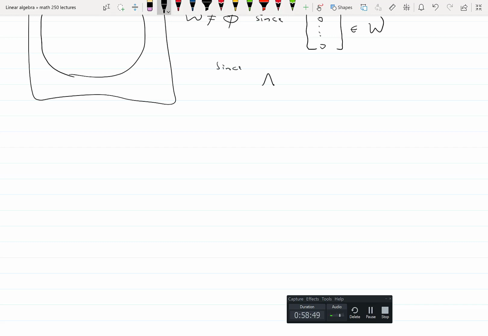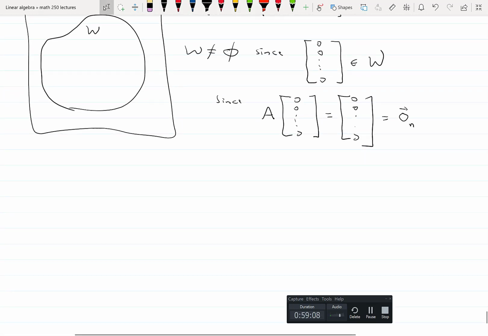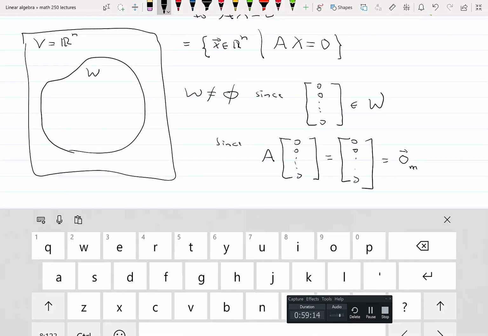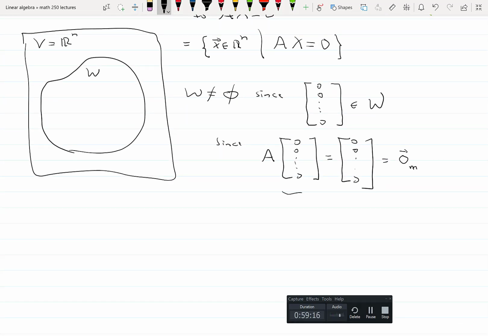Since A times 0, 0, ..., 0 equals 0, 0, ..., 0, which is the zero vector in Rm. I have to be careful about this. A times the zero vector in Rn is the zero vector in Rm.